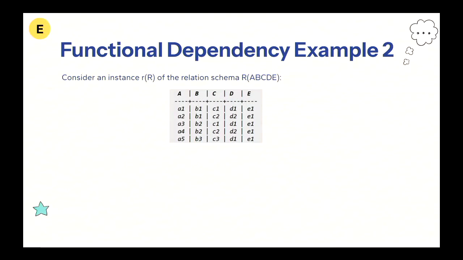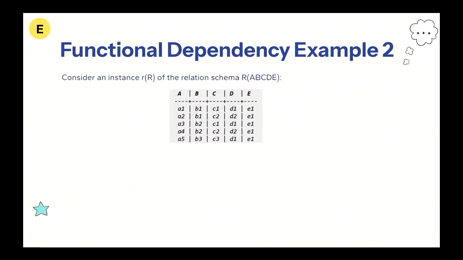So let's think about a more abstract example here. This time we have an instance of table R with the schema of A, B, C, D, and E. We have 5 attributes this time. And for A, we can see that for each row, the value of A is unique.